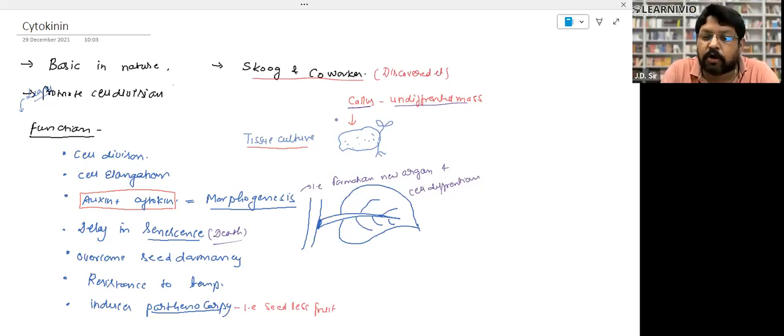Callus is a mass of undifferentiated cells. In tissue culture, when we give a mixture of auxin and cytokinin to a mass of cells, cell differentiation starts and plant seedling formation takes place. So in a nutshell, it is responsible for cell differentiation in callus, the undifferentiated mass of cells.